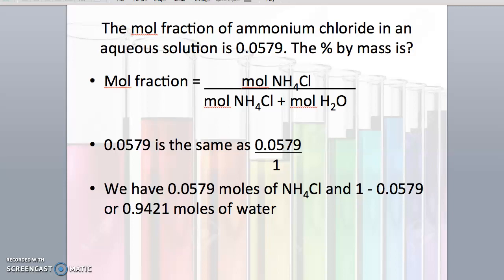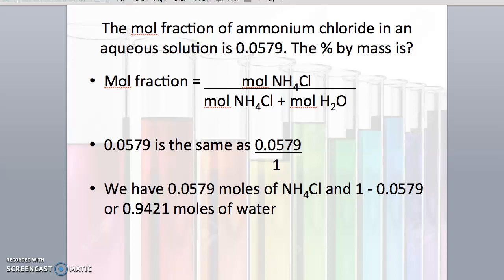So I can say I have 0.0579 moles of NH4Cl, and the denominator has to equal 1. If I go 1 minus that value, I get the moles of water, 0.9421. So now I have the moles of both the ammonium chloride and the water from that mole fraction value.